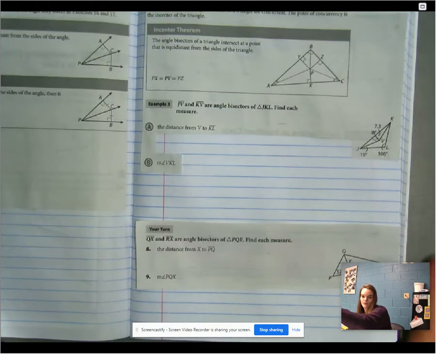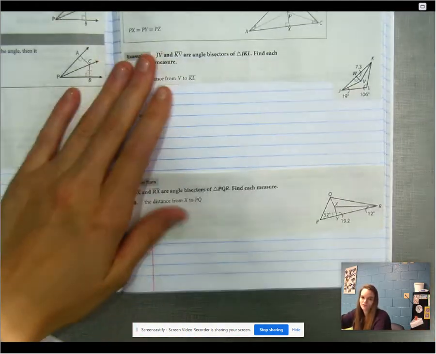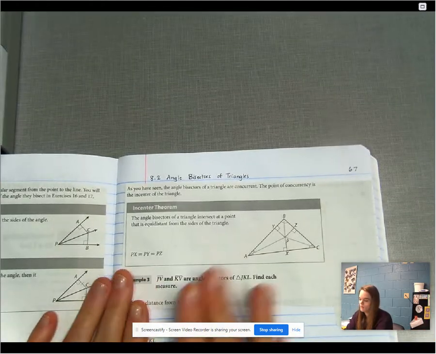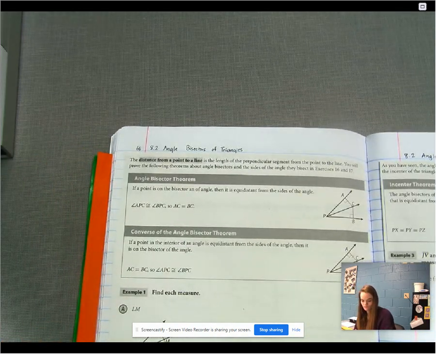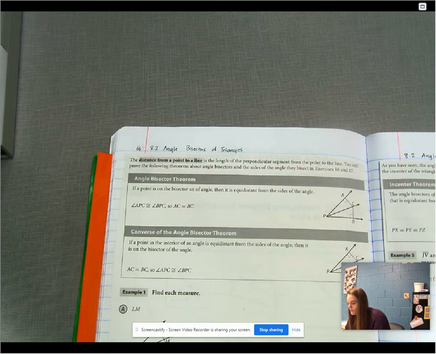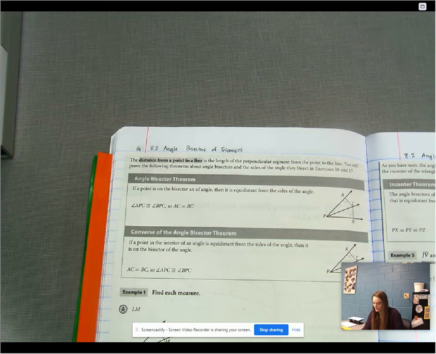Okay, so here's what you got. Got this piece, we're going to come back over and talk about angle bisectors of triangles. Okay, so the distance from a point to a line is the length of the perpendicular segment from the point to the line. You will prove the following theorem about angle bisectors and sides in exercises 16 and 17.